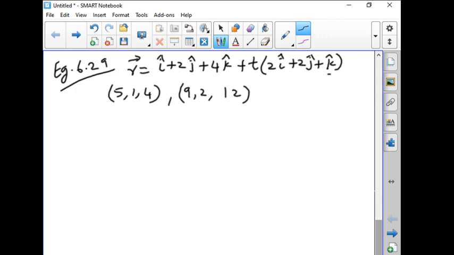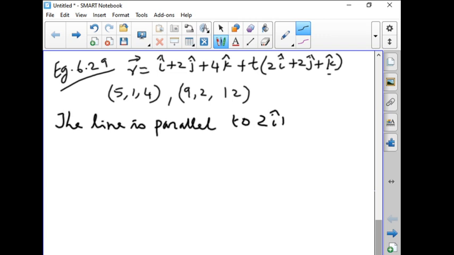So, we know that the first line is parallel to 2i cap plus 2j cap plus k cap. So, what about the direction ratios joining the two given points?